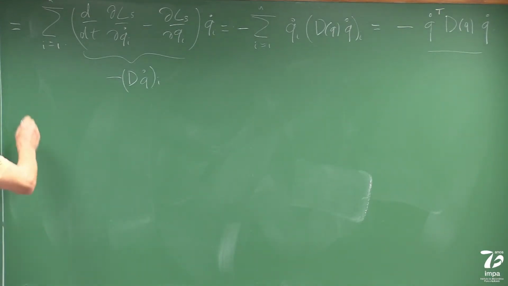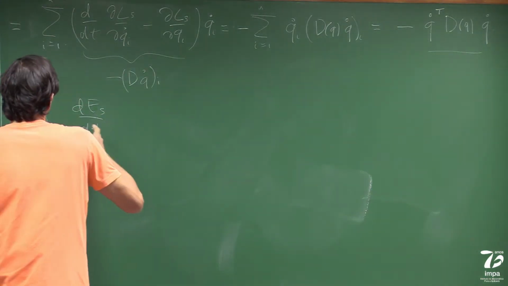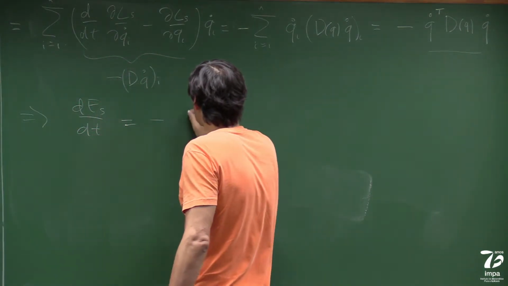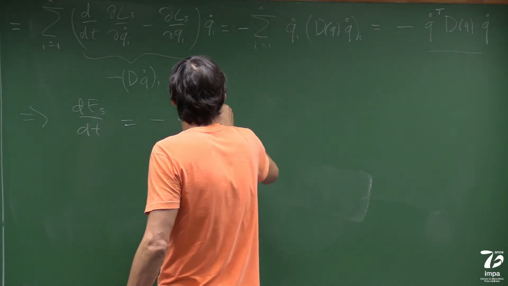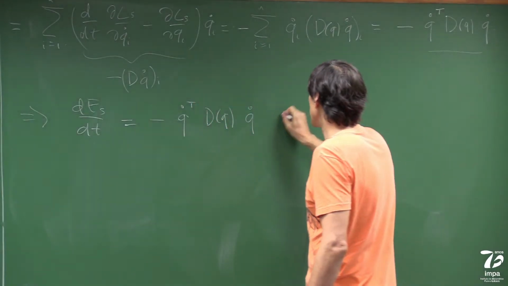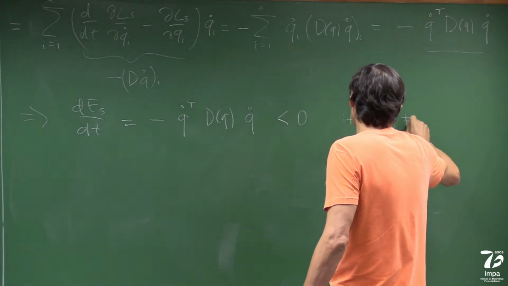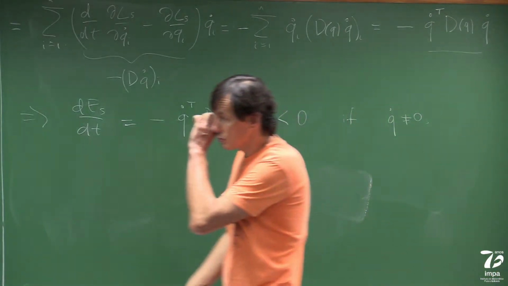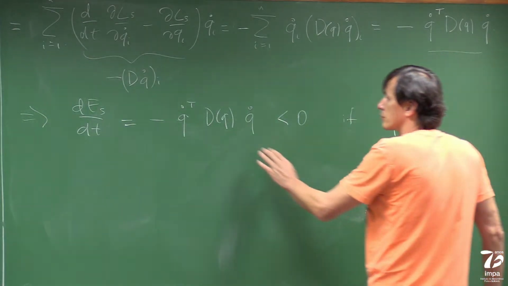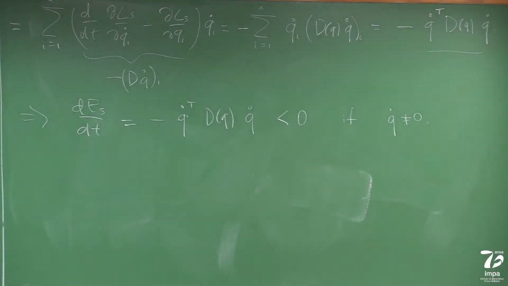So you see that the result is that the change of energy is exactly this expression. And it's negative, right, if there is motion. So now you see the positive definite condition is applied. It just ensures that whenever you have a dissipative force, it always takes energy from the system.